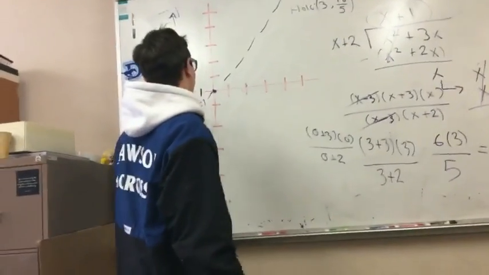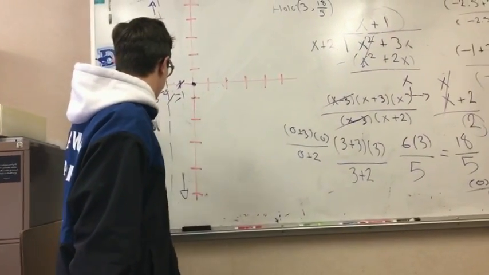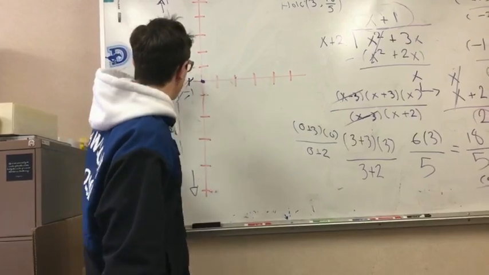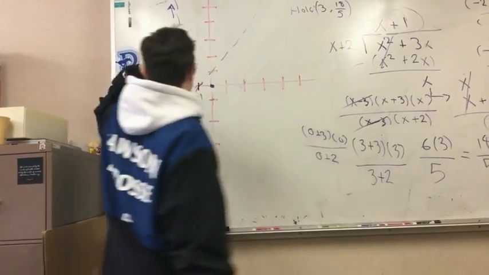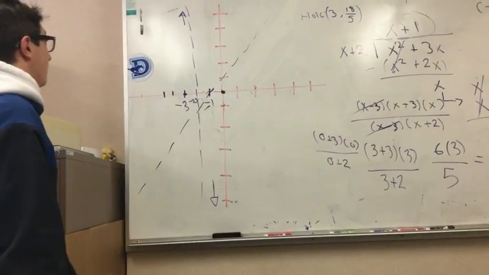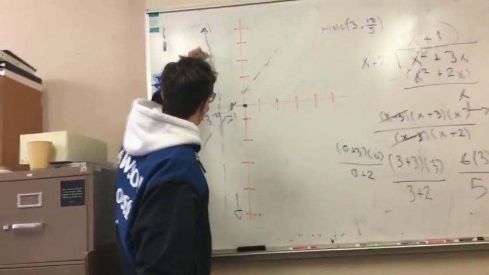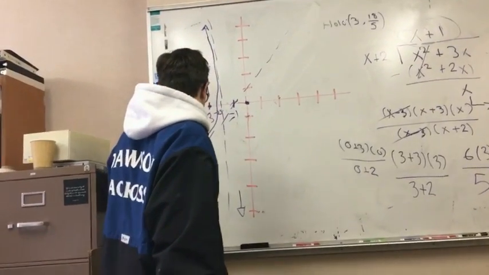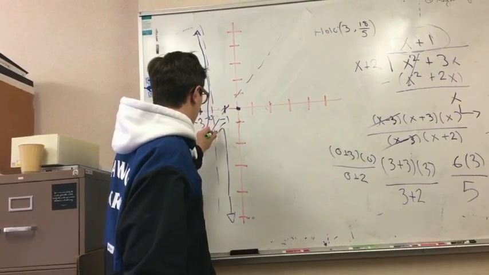So now we're just going to put in the slant. So now we've put in the slant, we can figure out that this should go down like that. And same thing with this.